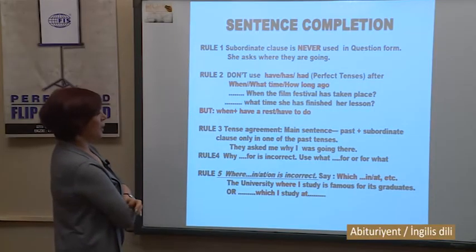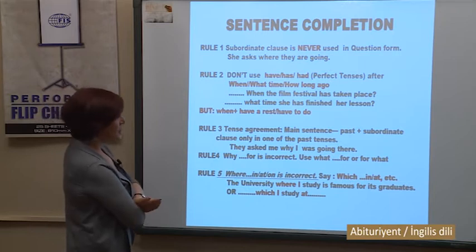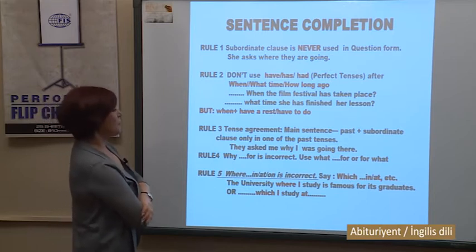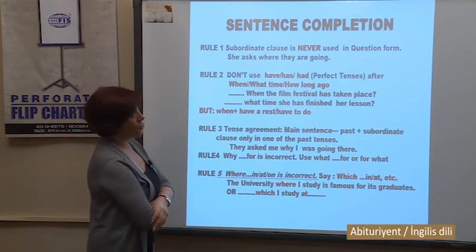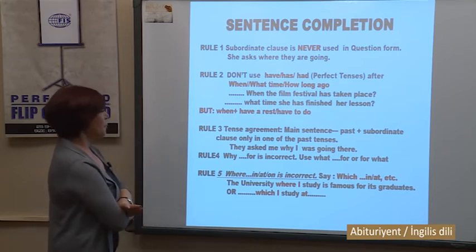When the film festival has taken place, it is incorrect. Or what time she has finished her lesson, it is also incorrect. But we can use have after when in some expressions, where have isn't an auxiliary verb.